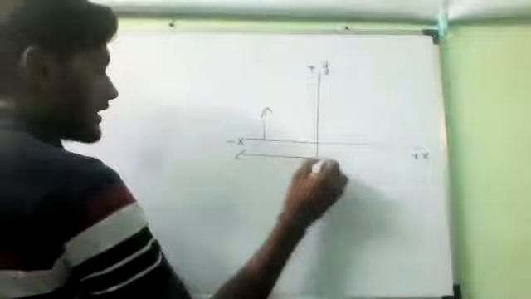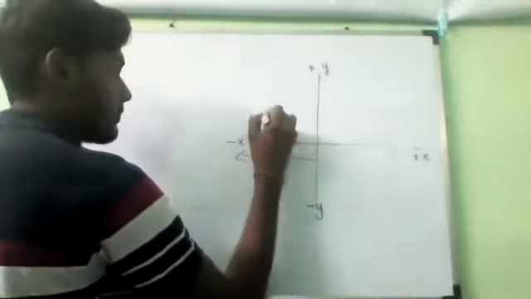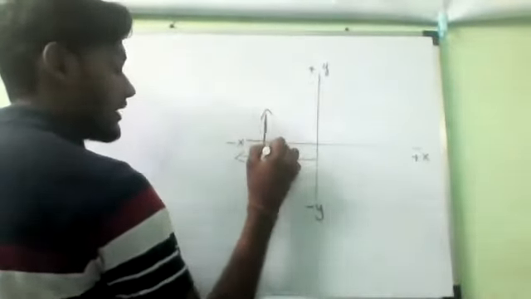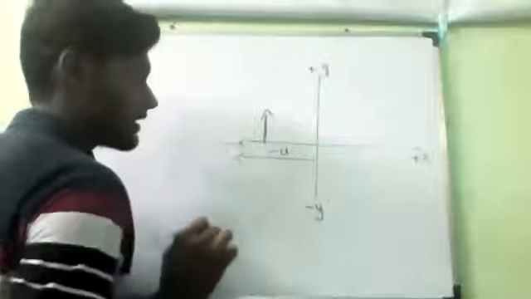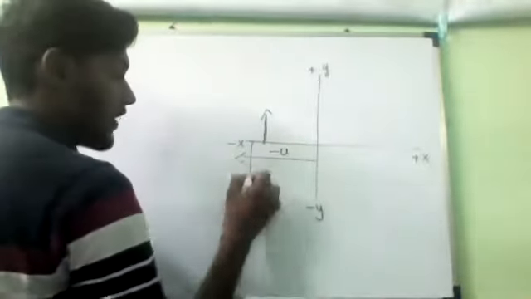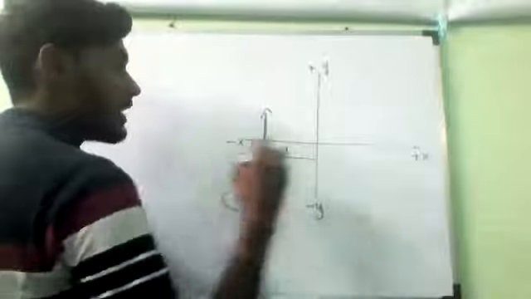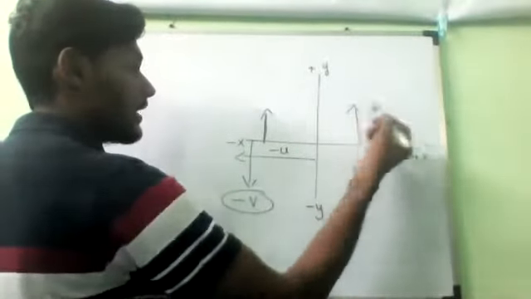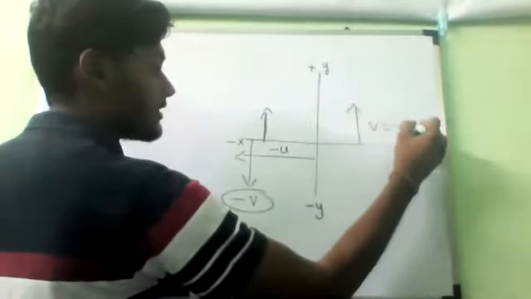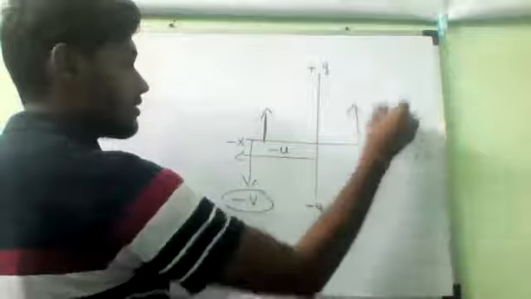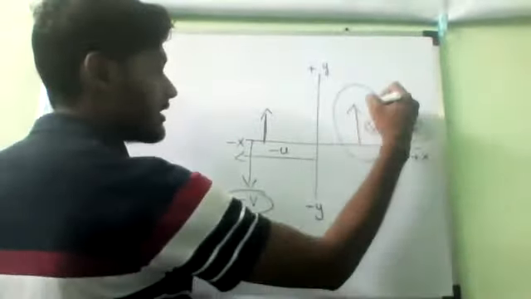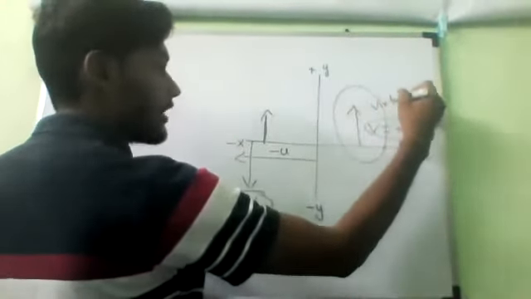We always place the object here, so that is why the object distance is always minus. And if the image also forms here in the same coordinate, then the image distance is also minus. If the image forms here, then the image distance is positive, like the last question. In the last question the image is forming here because this image is called a virtual image.